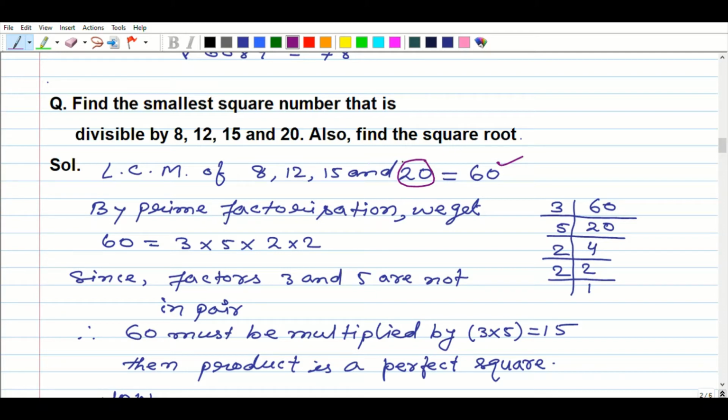So 2 twos are 40, and 40 is never divisible by 8, or 12, or 15. Again you read the 20 table, 3 twenties are 60. 60 must be divisible by 8, 12, 15 and 20. So our LCM is 60. It is a very simple trick.